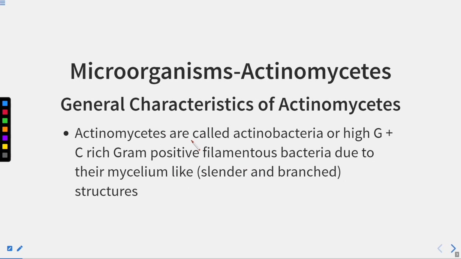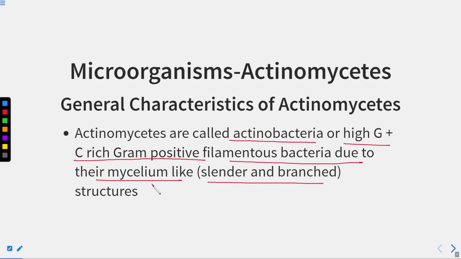So actinomycetes are called actinobacteria or high GC-rich gram-positive filamentous bacteria due to their mycelium-like slender and branched structure. Basically they have mycelia, branched and slender structures that resemble fungi. This mycelium is what gives the fungus-like name, but actually they are actinobacteria.